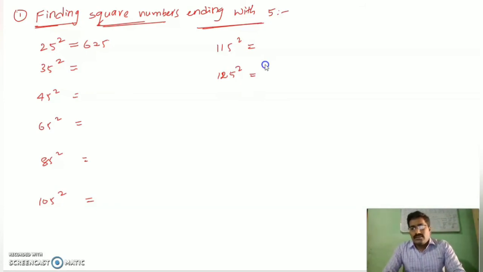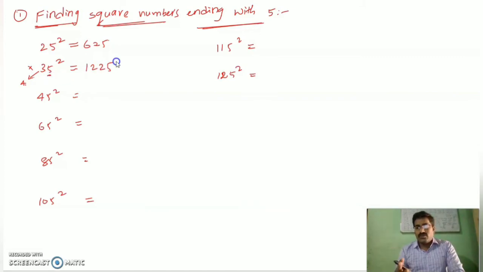Let us see how to calculate it. 25 square value is 625. 35 square value, how much? We have to find. After 3, which number will come? 4. So 3 into 4 is 12. Next step is 5 square, value 25.